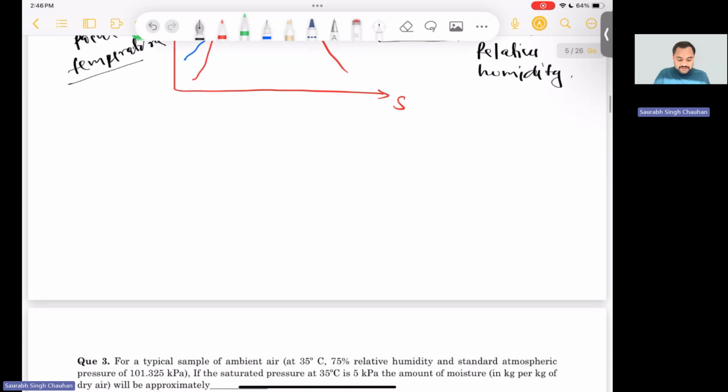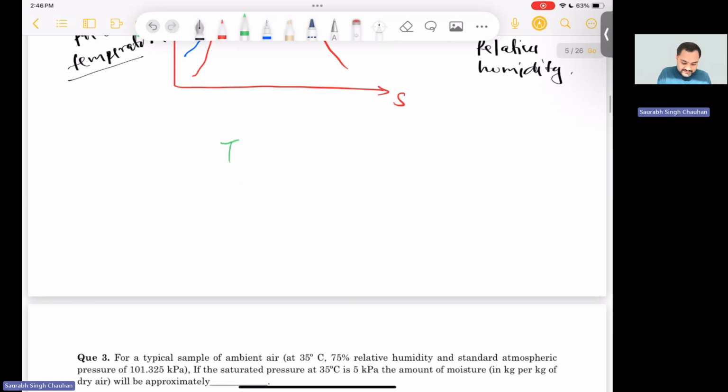So we have discussed three temperatures: wet bulb temperature, dew point temperature, and dry bulb temperature. So you can think of this as a definition of dew point temperature. The dew point temperature is equal to the saturation temperature, T saturation, at this given pressure.